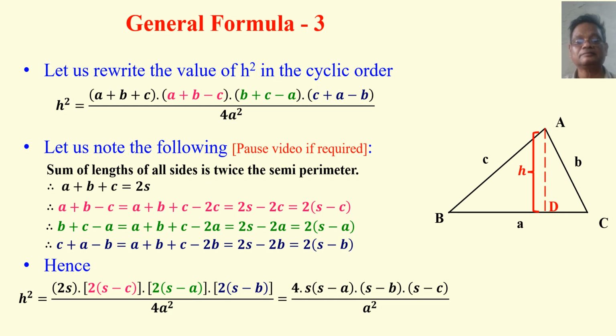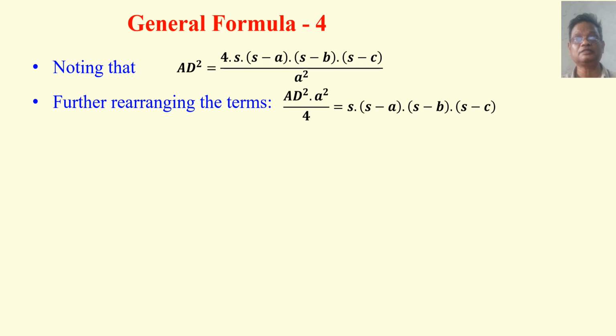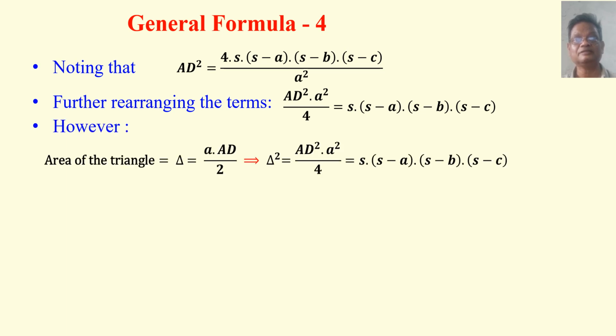Noting that AD squared is equal to 4 times s into s minus a into s minus b into s minus c divided by a squared results in AD squared into a squared divided by 4 is equal to s into s minus a into s minus b into s minus c. However, the area of the triangle is equal to a times AD divided by 2.